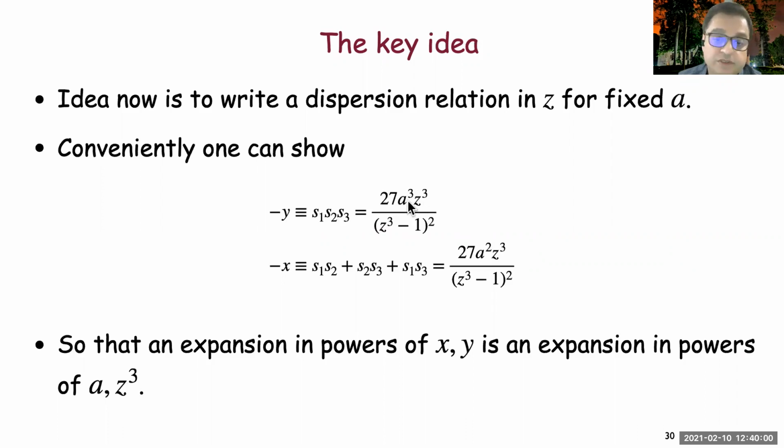It's A cubed times Z cubed over (Z cubed minus 1) squared, and X has a similar expression, with A squared instead of A cubed, and the same dependence on Z. So if you have a fully crossing symmetric amplitude, in terms of A and Z it translates into an expansion in terms of A and Z cubed. That's the operative word: instead of just being a function of Z, it's Z cubed.